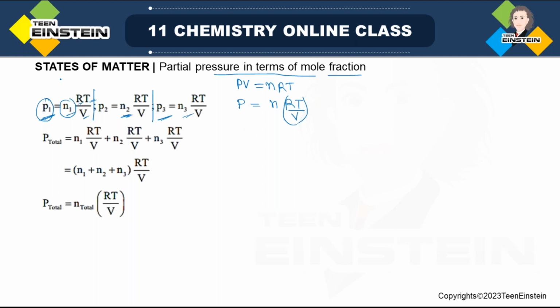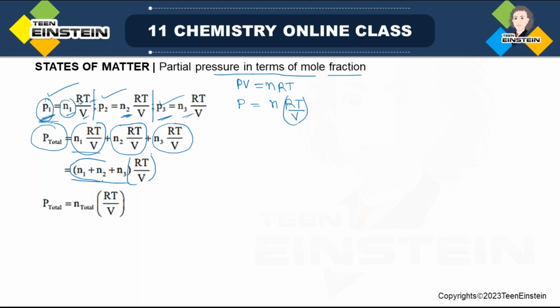Now what we'll do, we will add p1, p2, p3. When you are adding all these three, you are getting P total. In place of p1, I will write N1 into RT by V. In place of p2, I will write N2 into RT by V. In place of p3, I will write N3 into RT by V. Now RT by V you can take common, so you are left with the summation of the number of moles of these three gases.